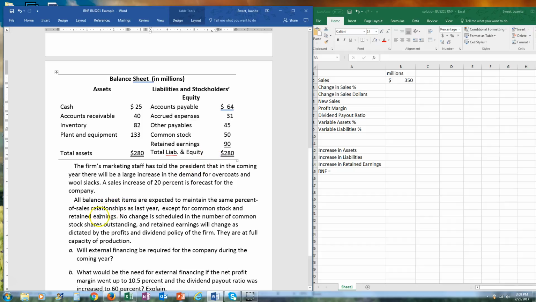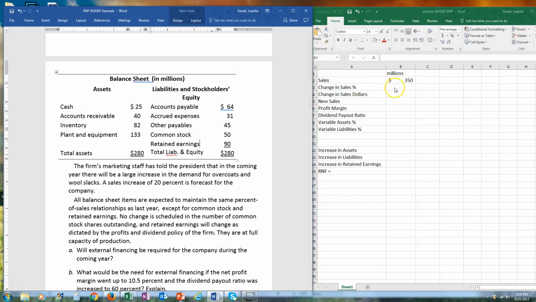We also see that they mention that they are at full capacity. Normally, we would expect our variable assets to be cash, receivables, inventory. But if they tell you that you're at full capacity, that means that the plant and equipment is also variable, because you have to add any equipment, you have to expand capacity to make one more item, because you don't have enough facilities for that.